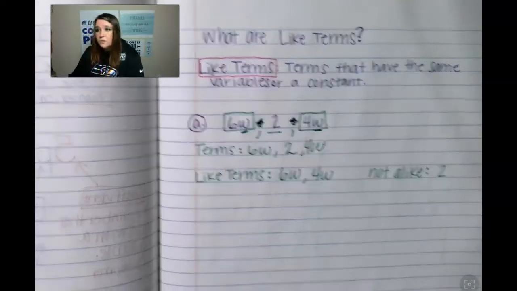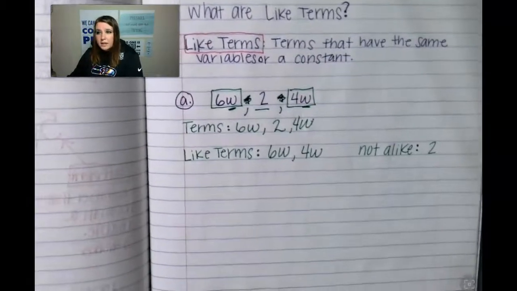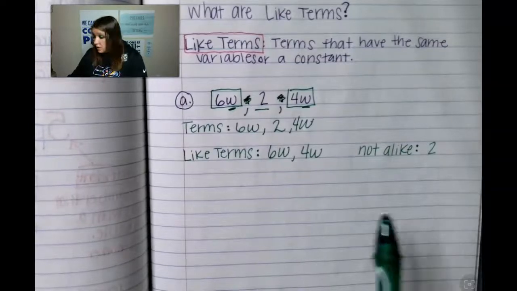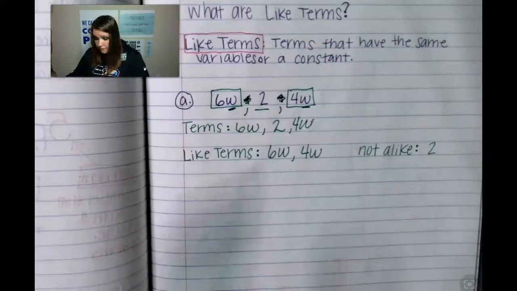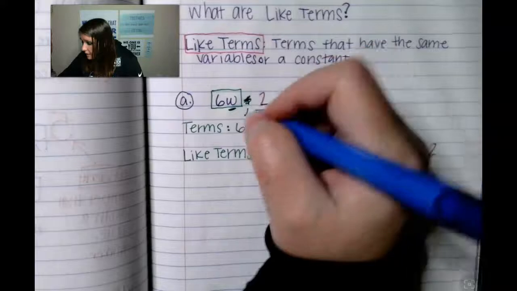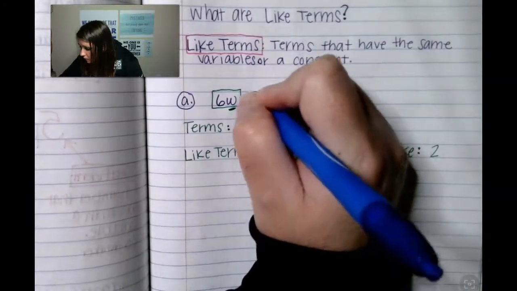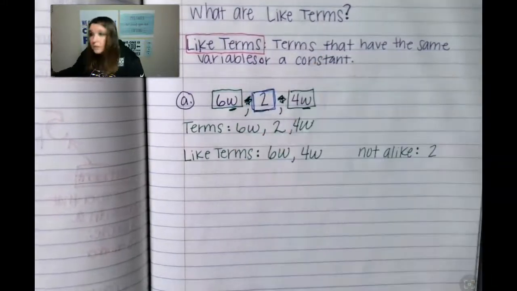The 2 is not alike. It doesn't have a partner. These ones have partners. This one stands alone, so let's put a blue box around it.